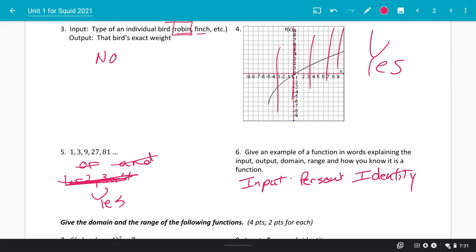So input is each individual person, okay? And the output is their birthday or birth date. What I'm saying here is each person has only one birthday, and yes, that's a function.